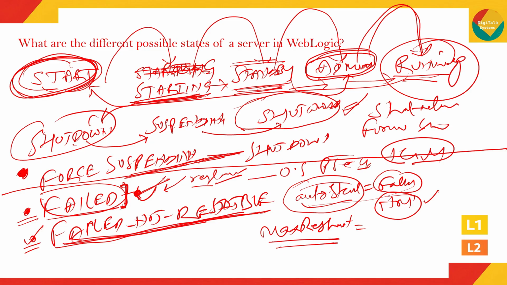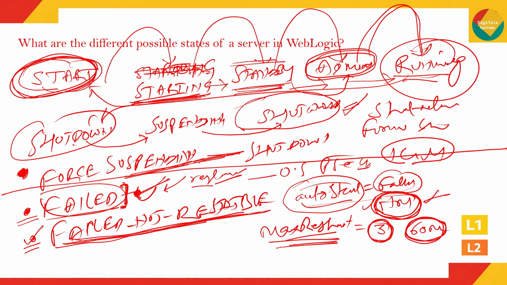Now, what is maximum restart? As I said, node manager has a feature to automatically restart any managed server if it crashes for any reason, but it has certain limitations, which depend on the max restart. For example, if I have defined max restart 3 in an interval of 60 minutes and your server crashes, node manager will automatically attempt to restart, but only thrice in an interval of 60 minutes.